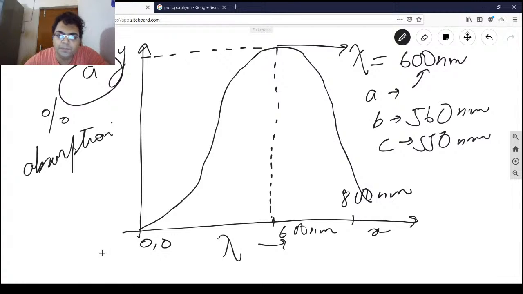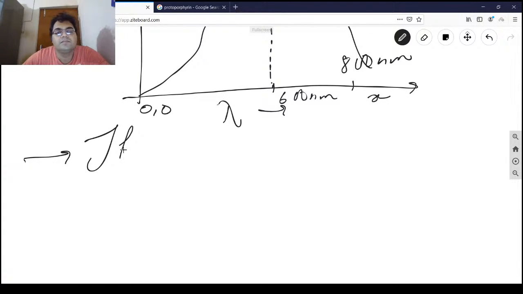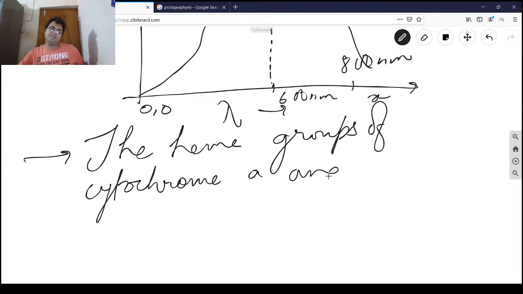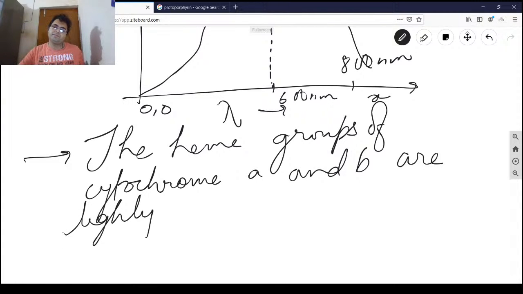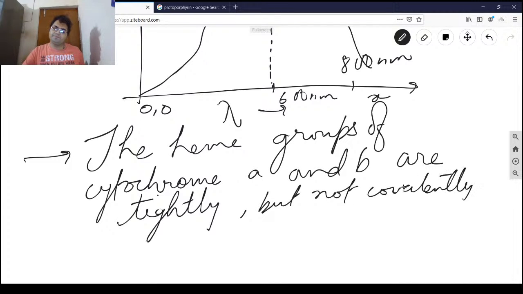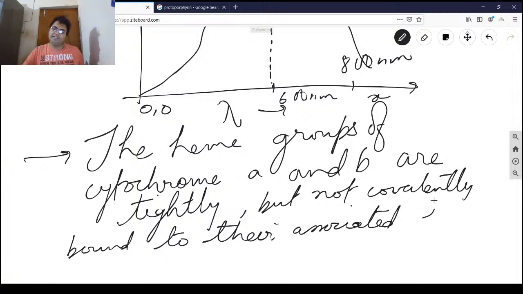So the heme groups of cytochromes A and B are tightly but not covalently bound to their associated proteins.